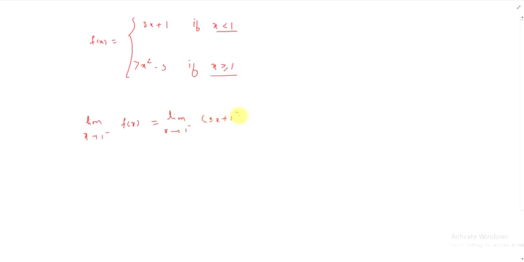Now how could we write it? If you remember, I have told you about the limit of a function at a point.